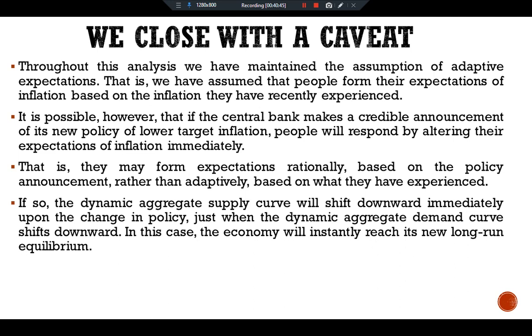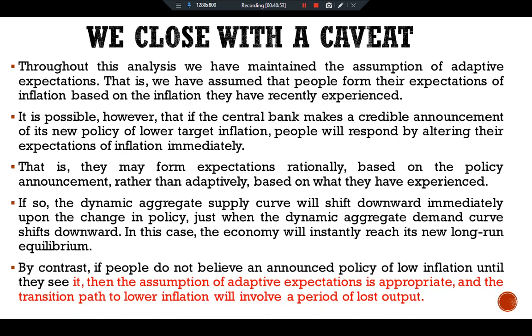In this case, the economy will instantly reach its new long run equilibrium. By contrast, if people do not believe an announced policy of low inflation until they see it, then the assumption of adaptive expectations is appropriate, and the transition path to lower inflation will involve a period of lost output.